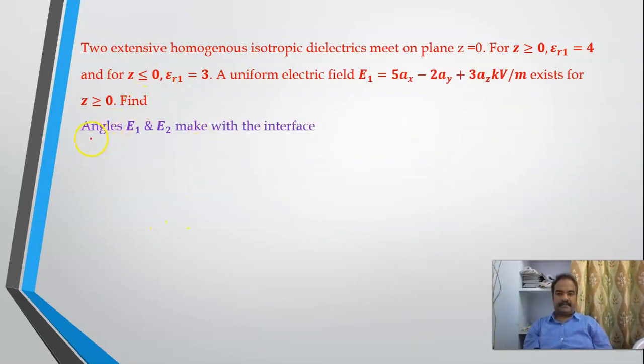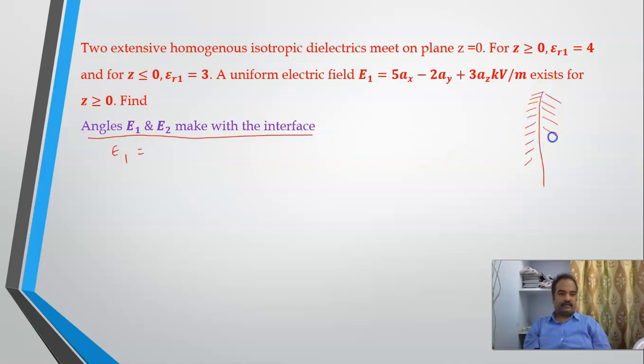The angles which they make with the interface. Now I do have the E1 component and the E2 component, right? So what he is asking is, this is medium 1 and this is medium 2, right? This is E1 and this is E2. This is alpha 1 and alpha 2.